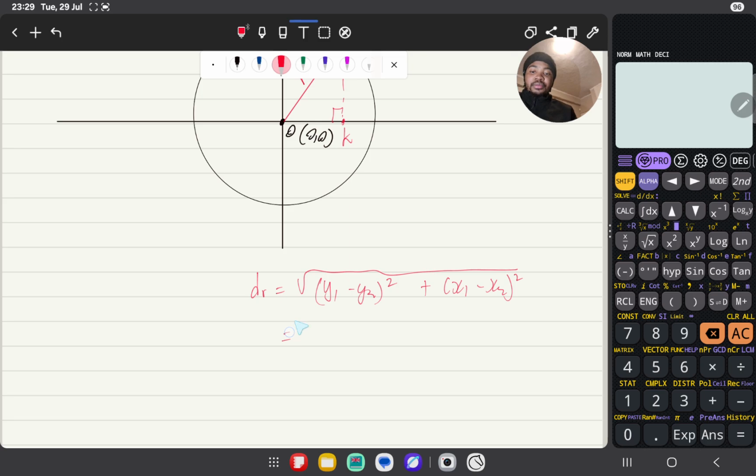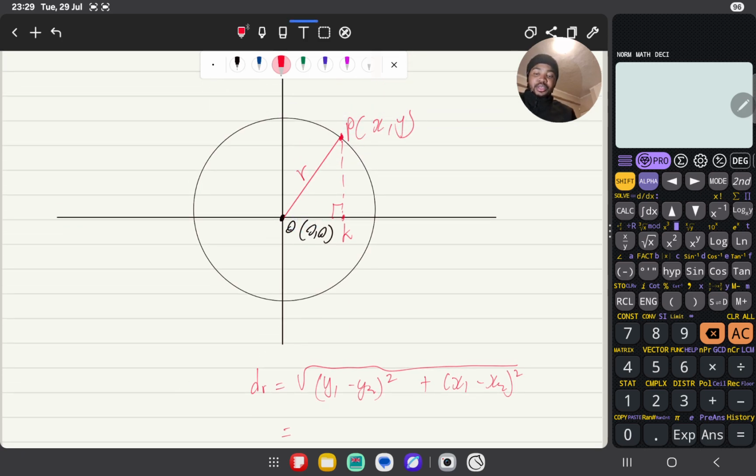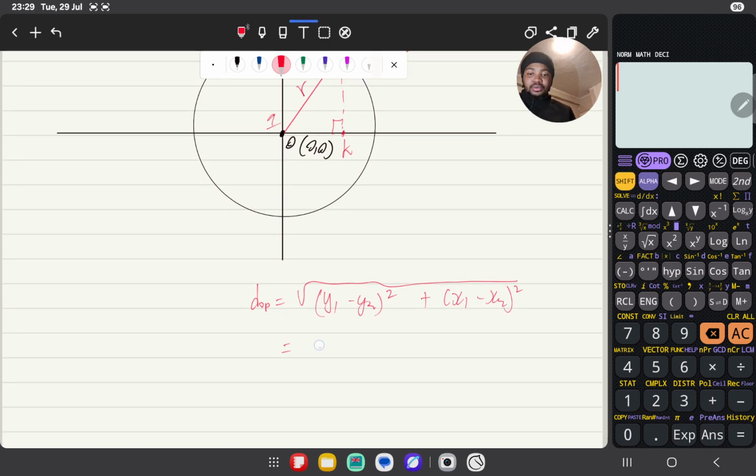Now remember, r is OP, so let me say distance for OP. Let's call this point 1 and that point 2. So y1 is going to be 0.